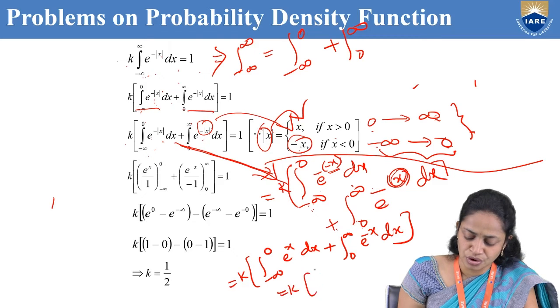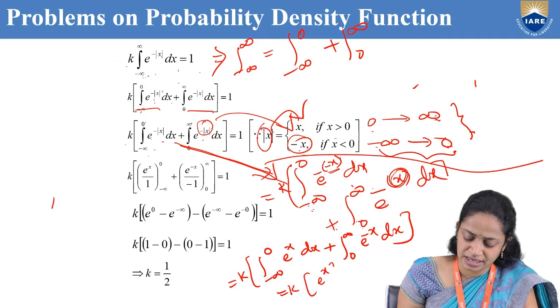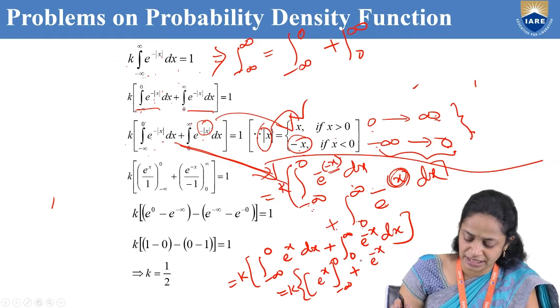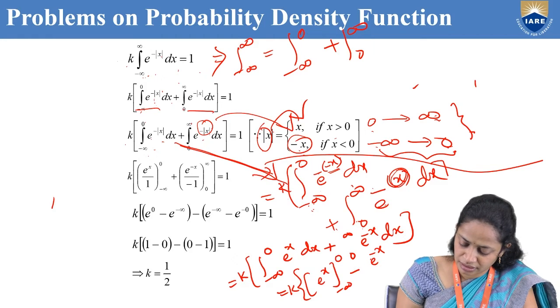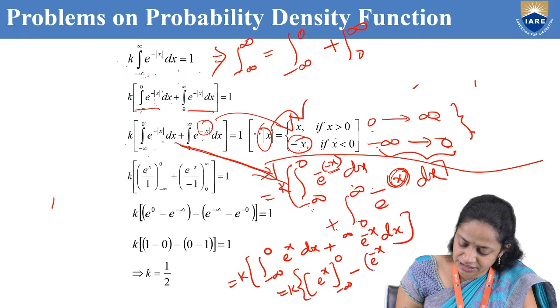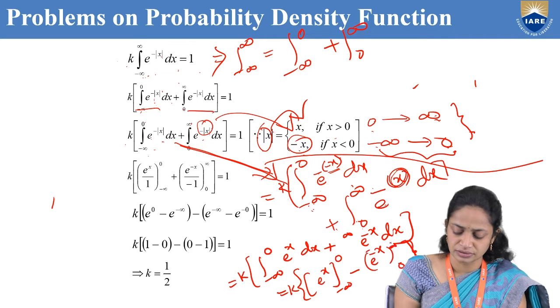So k times, the integration of e power x is e power x, with limits minus infinity to 0, plus the integration of e power minus x, which is e power minus x by minus 1. So that means here we will get a minus. The limits are 0 to infinity.